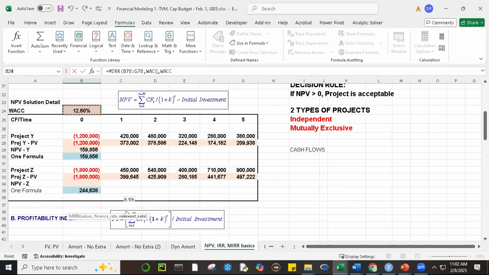So the reinvestment rate is the same as your finance rate. For MIRR, it is the same. For IRR, your finance rate is WACC, and then your reinvestment rate is your IRR. So that makes it quite a bit confusing, but let's just compute for the MIRR.